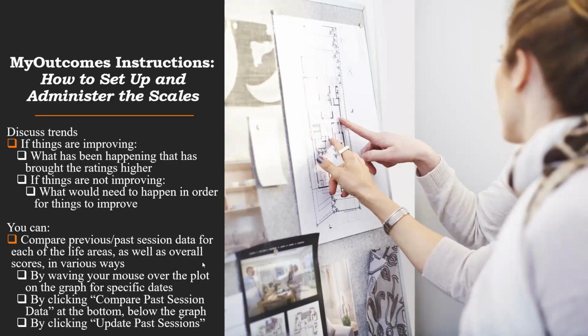We can wave our mouse over the plot on the graph for specific dates, like I was showing you. We can click compare past session data at the bottom. I'll show you that below the graph, or we can click update past sessions.